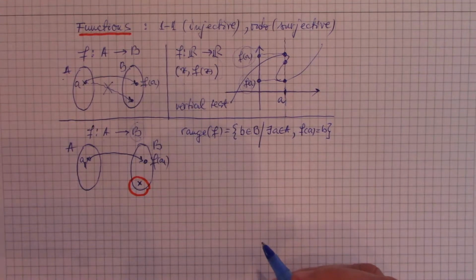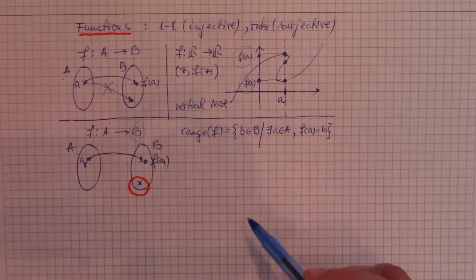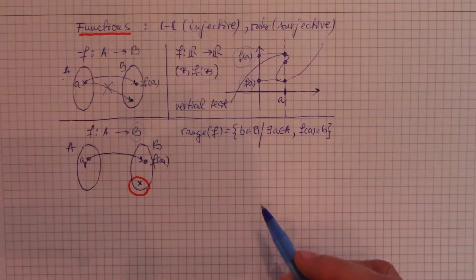All right. I changed the way I wrote this definition slightly just to challenge the student a little bit, but this is one way of writing the range of f.